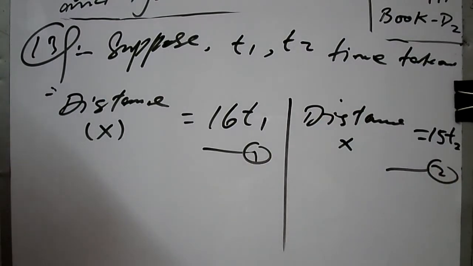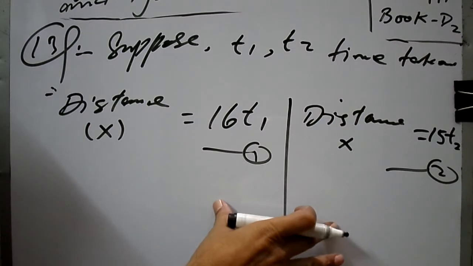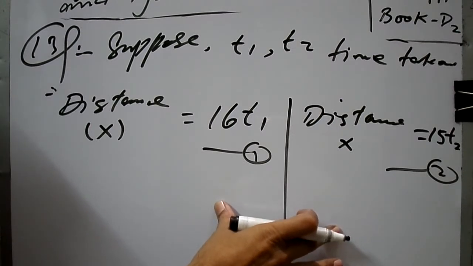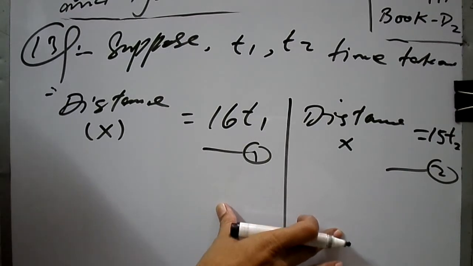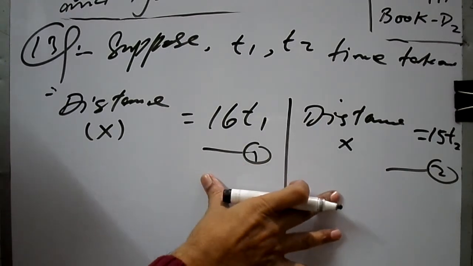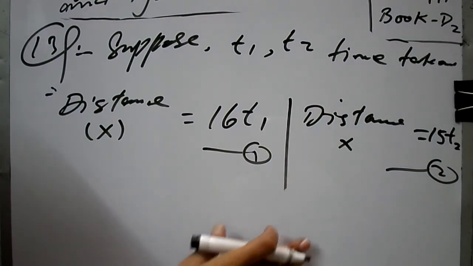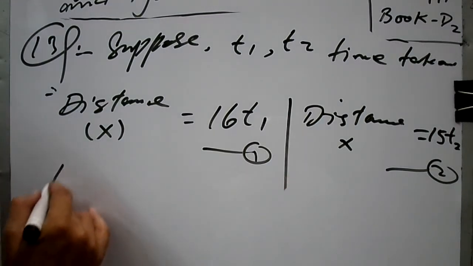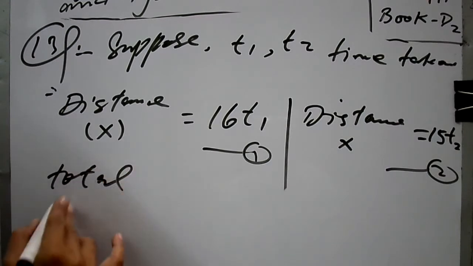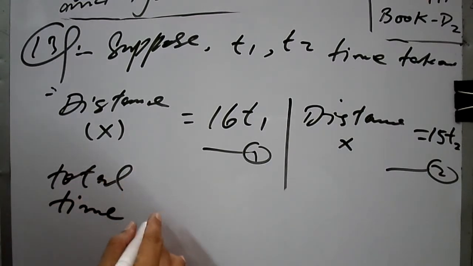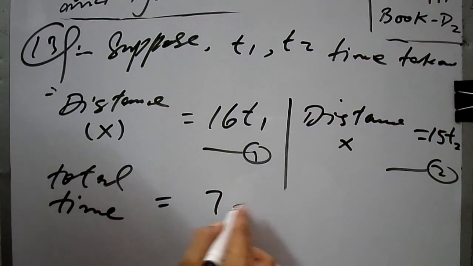Now once again, the total time is given to us, but you have to compare it, because both are distances. You can find the time, but the total time is also given. Total time is equal to 7 whole 3 by 4.